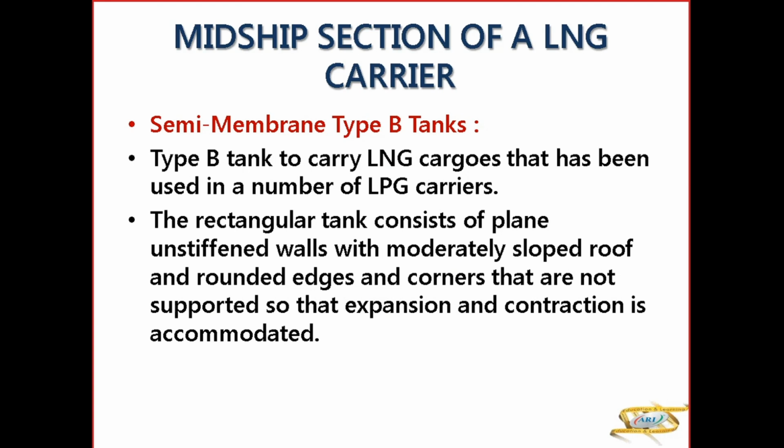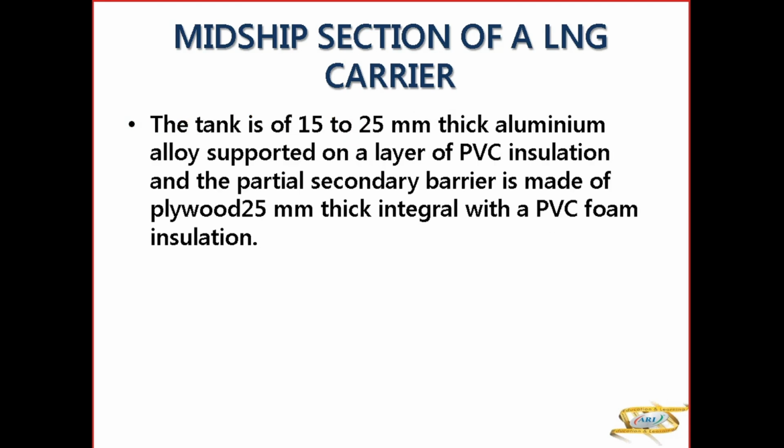Then you might have semi-membranes, which we normally don't use nowadays. Semi-membrane is a type B tank carrying LNG cargo, used in LNG carriers also. It is a rectangular tank consisting of plain unstiffened walls with moderately sloped and rounded edges, and the corners are not supported so that expansion and contraction is accommodated.